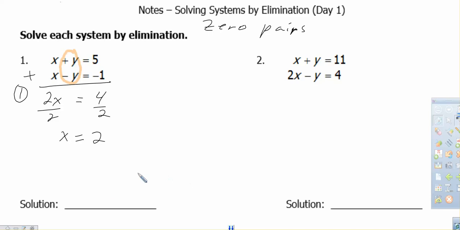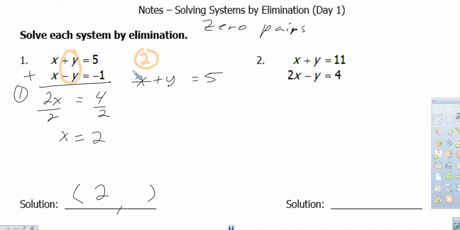X equals 2. This is kind of similar to what we had before. X equals 2, so 2 comma something. All right, now here we need to pick one of the equations. I am going to always go with the first one, just because it's almost always easier not to have to think about it. Take that first one. So x plus y equals 5.